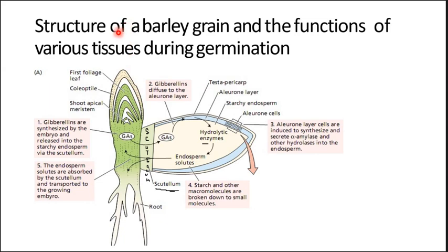So this is how they help in seed germination, by mobilization of stored sugar. GA helps in the production of hydrolytic enzymes which break the starch, and the embryo absorbs the smaller molecules, which helps its growth. This is how seed germination happens in response to gibberellin.